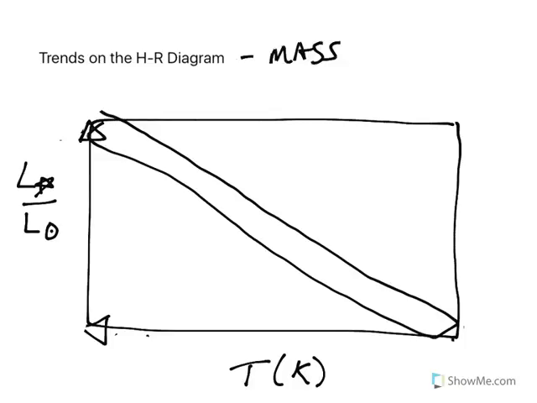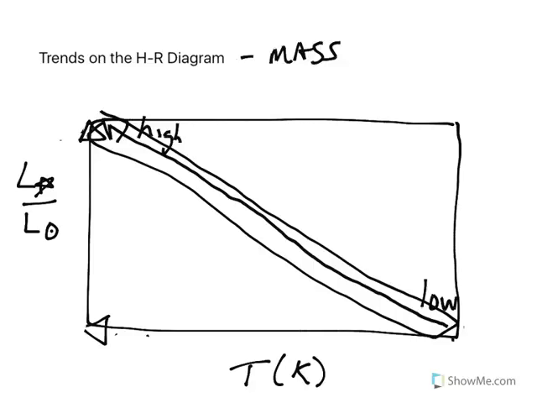I can only tell you how mass varies along the main sequence. Mass increases along the main sequence from lower right to upper left. So low mass stars are down at the bottom right, and high mass stars are up at the upper left.